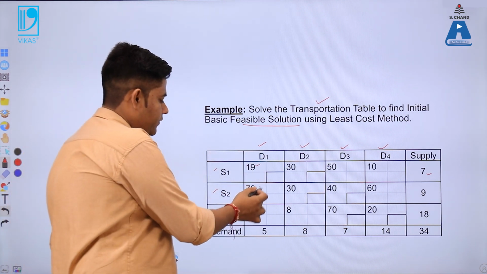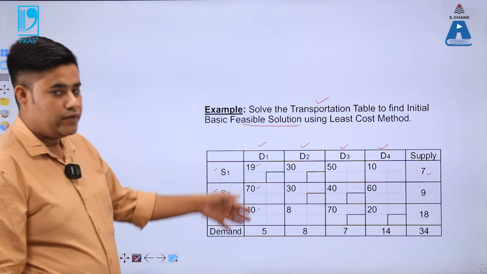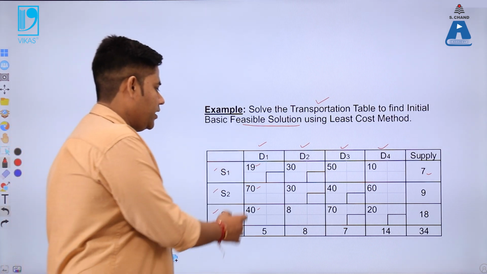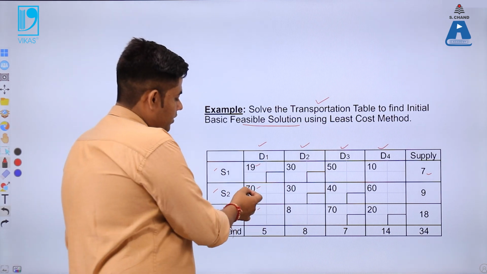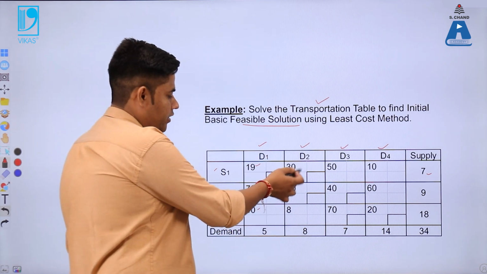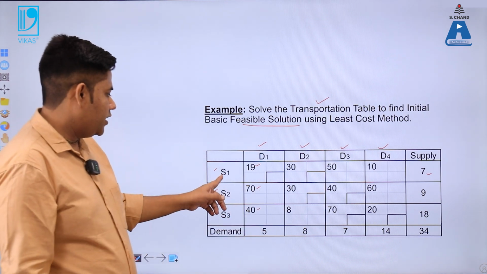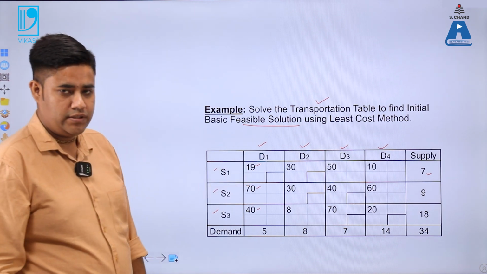What do these 19, 70 and 40 indicate? These indicate the unit cost of the item that is required to be transported. That means 19 monetary units per item, 70 monetary units per item, 30 monetary units, or 8 monetary units per item. If we transport from S1 to D1, we shall give 19 monetary units per item.